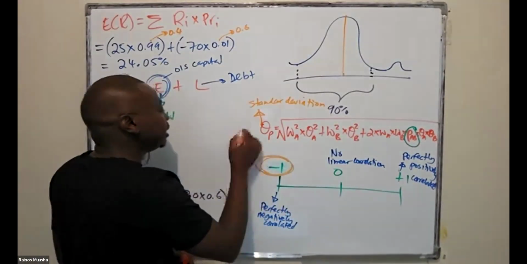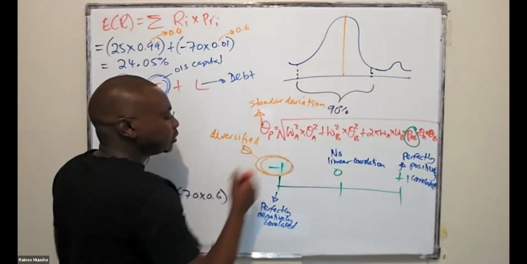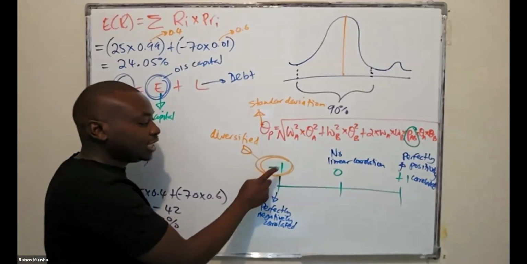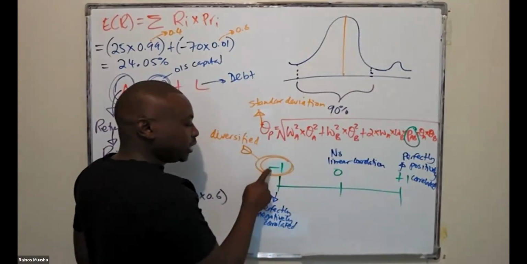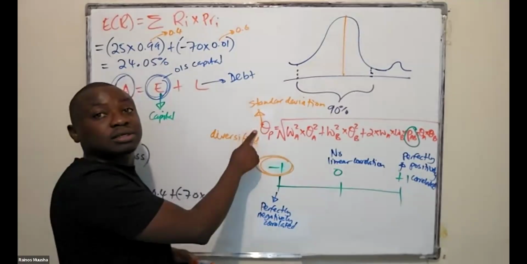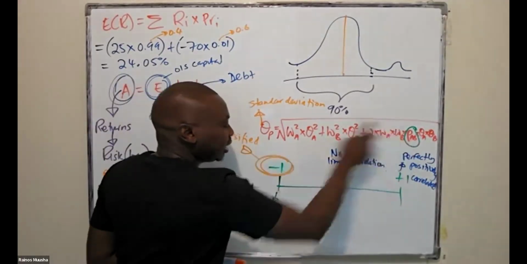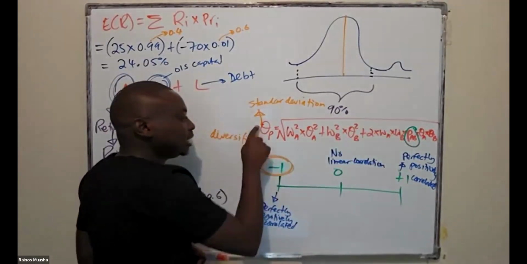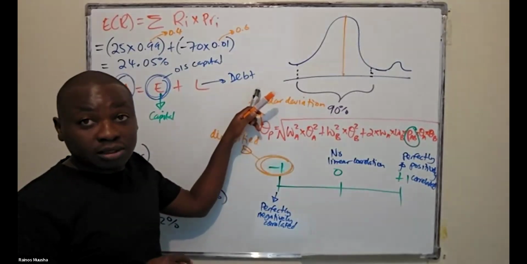So diversification is achieved by having two assets which have a correlation coefficient closer to -1 as much as possible. And when the correlation goes towards -1, it means your standard deviation goes down. So to reduce your standard deviation, the correlation coefficient has to go down. And if the correlation coefficient goes down, the standard deviation goes down, which means your risk exposure also goes down.